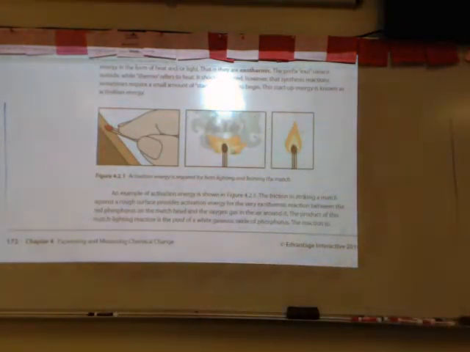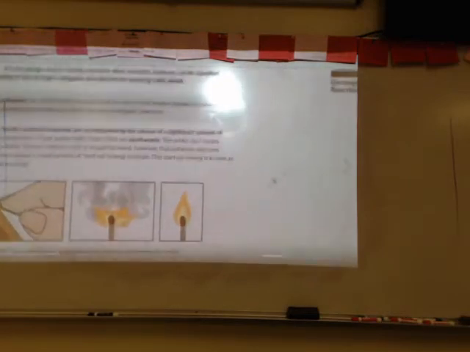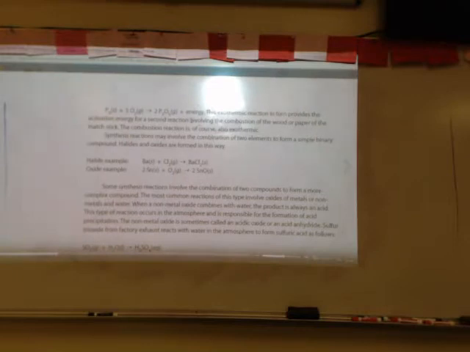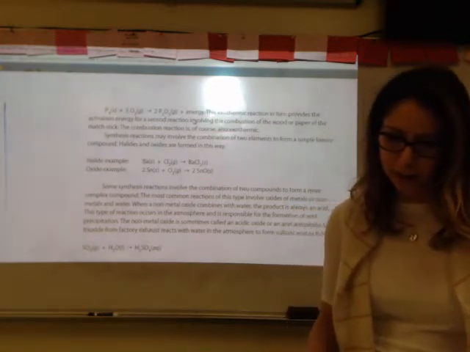And the product of this match lighting reaction is a white gaseous oxide of phosphorus. And this reaction is given to you on the next page, where they're showing you that energy is being released as a product. So that means this is an exothermic reaction.